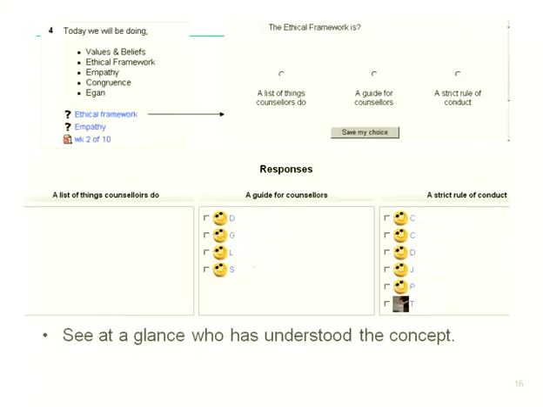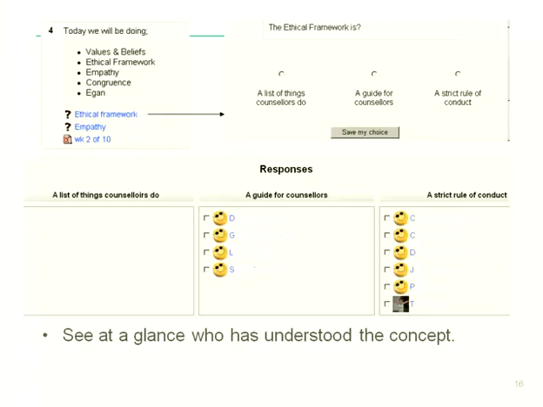Here's an example from a counselling course. If you click on ethical framework, then you've got three answers. The question is what the ethical framework is, with three possible answers, and then from the analysis here, you've got a list of all of the learners who selected a specific answer. So nobody selected the first one, a list of things counsellors do.